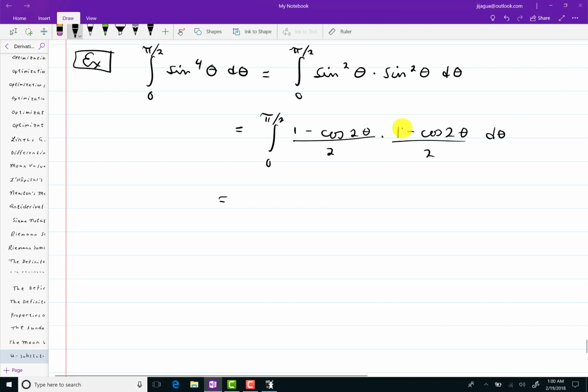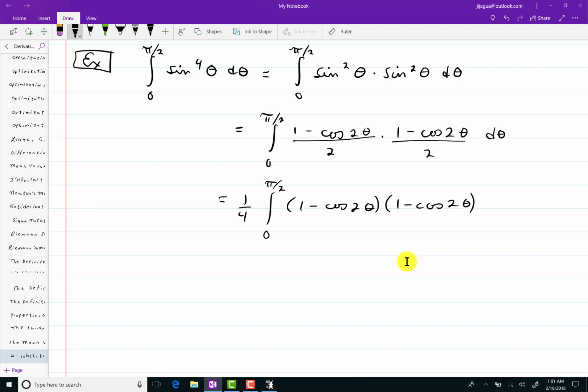Next thing I'm going to do, I'm going to take the 2 and the 2 to the front of this thing, and I'll get 1/4 the integral from 0 to pi over 2 of 1 minus cosine of 2 theta times 1 minus cosine of 2 theta.